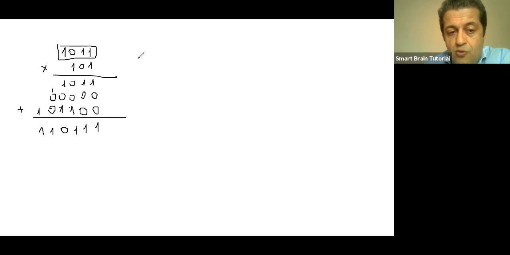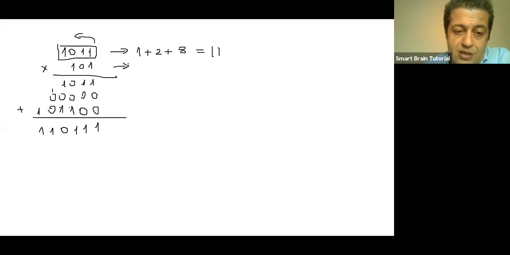But now we are going to make the proof, because we are going to convince ourselves that our solution is correct. This number corresponds to 11. We start from here to go from right to left. 1 plus 2 plus, we don't have any 4 here, so we have an 8, it is 11.